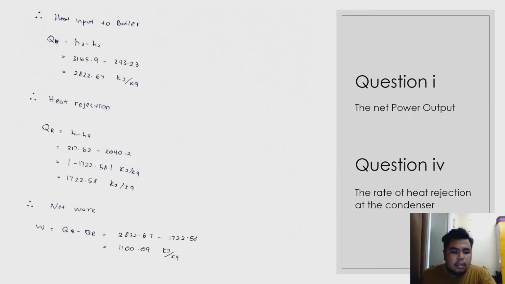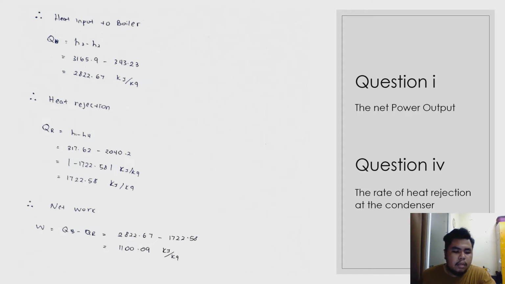For Q in, we must find H3 and also H2, because heat input to the boiler happens from process 2 to 3. To find H2, first we must find H1, which we can get from table A5 at 40 kilopascal.